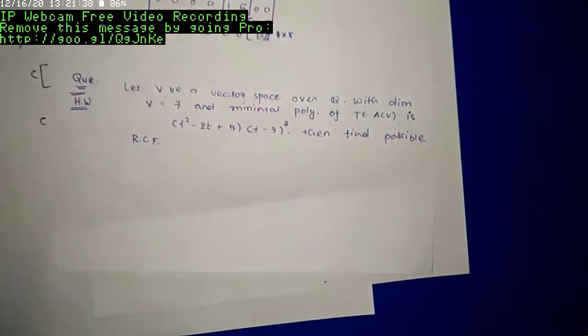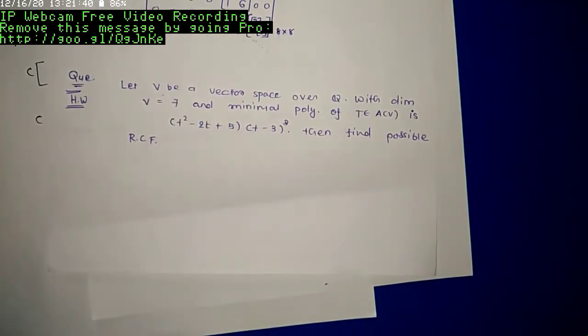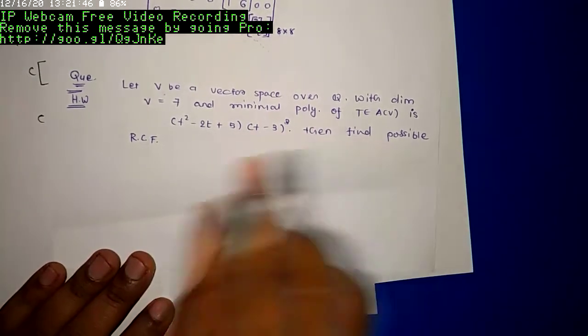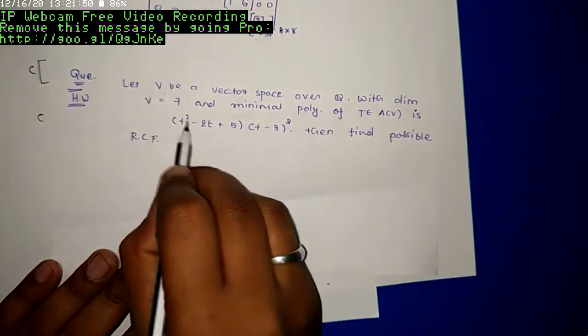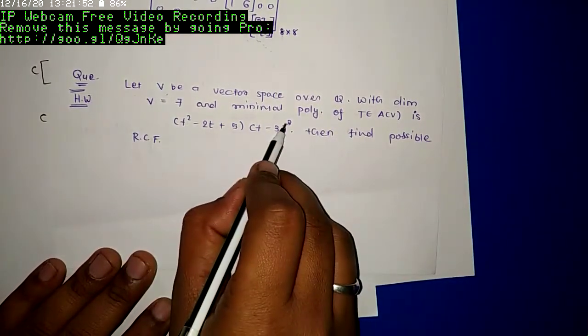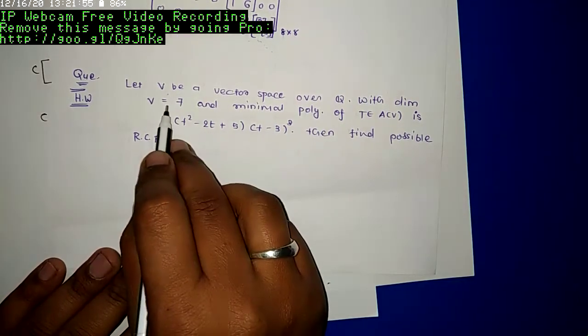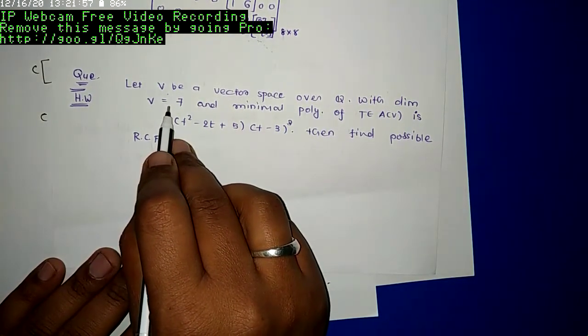Let V be a vector space over Q with dimension 7 and the minimal polynomial of T is this, then find the possible RCF. Here the degree of the minimal polynomial is 3 plus 2, which is 5, and the dimension of V is 7, so we get a 7 cross 7 matrix.